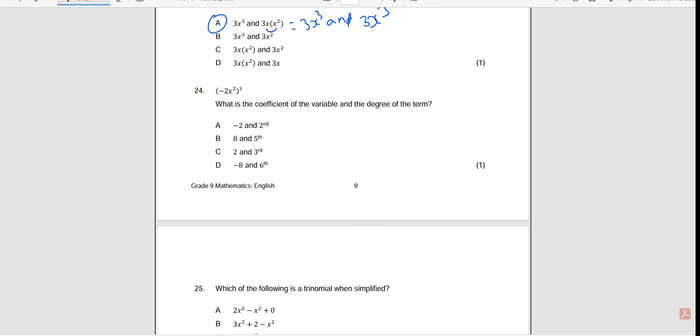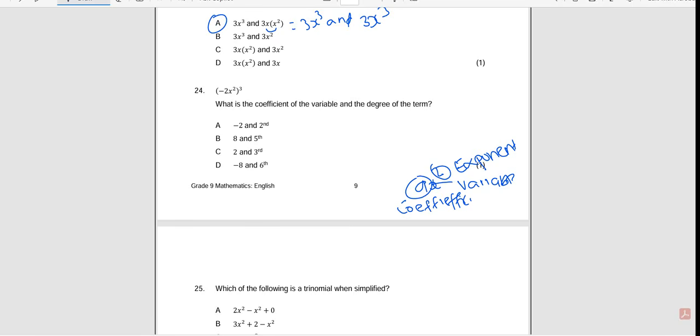What is the coefficient of the variable and the degree of the term? The first thing we need to do is simplify this first so that we can get the coefficient. Because we know if we're given a term like this, this one is called the coefficient, this x is the variable, and this 2 is the exponent. So we have to simplify this one first.